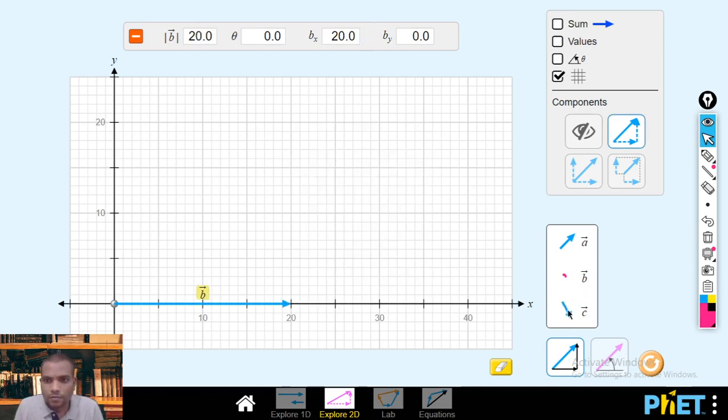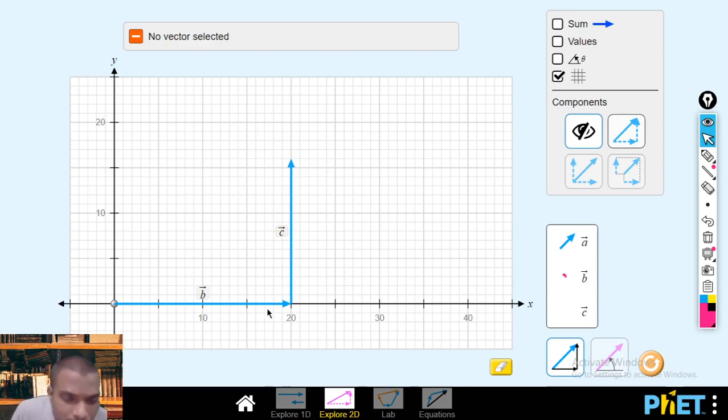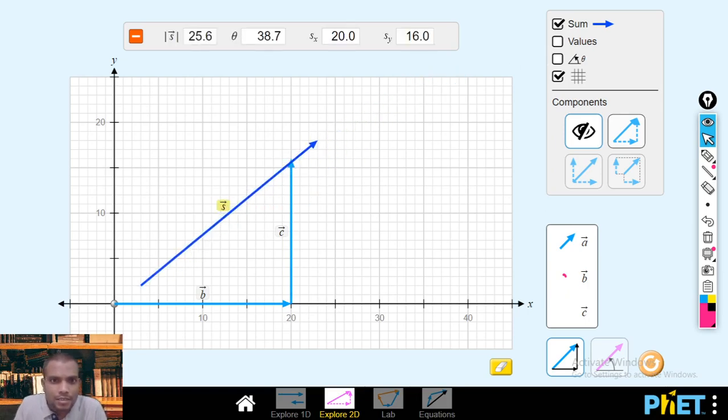Now if I take a c vector here, what is the resultant vector? If I give the resultant vector, yes, s comes here.